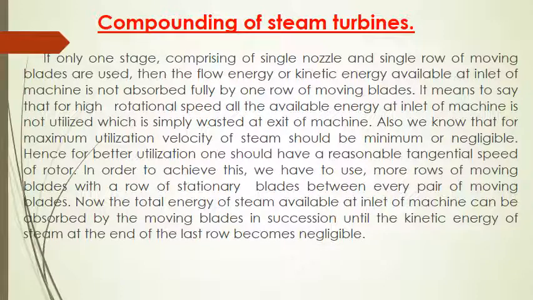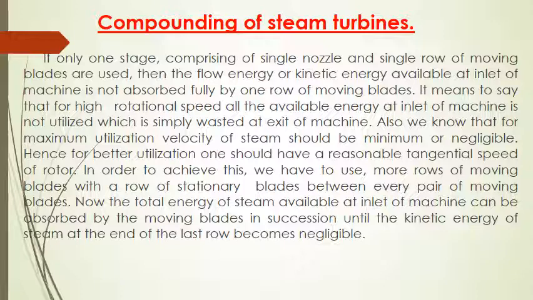Now, the total energy of steam available at inlet of machine can be absorbed by the moving blades in succession until the kinetic energy of steam at the end of the last row becomes negligible. Okay, the overall concept of compounding is to utilize maximum energy from the steam.